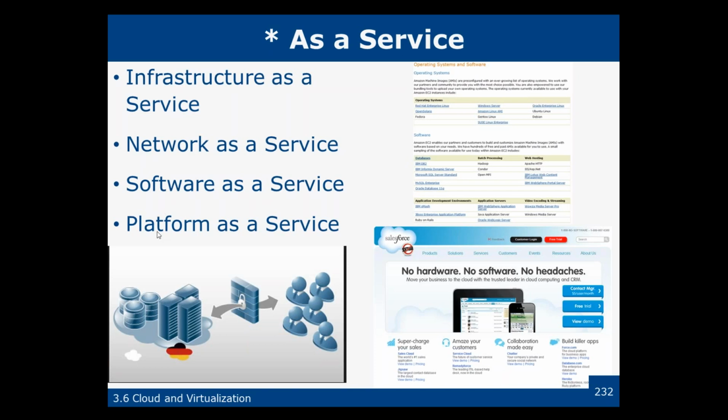And then platform as a service provides resources somewhere between the software and the infrastructure as a service, and that's a real great definition, I know, but it is somewhere between there. Infrastructure is the entire system, provisioning your IT resources, servers, load balancers, storage area networks, the entire infrastructure.